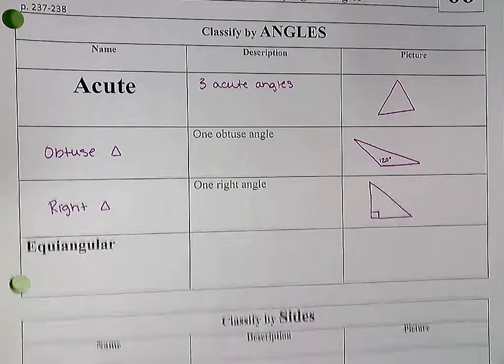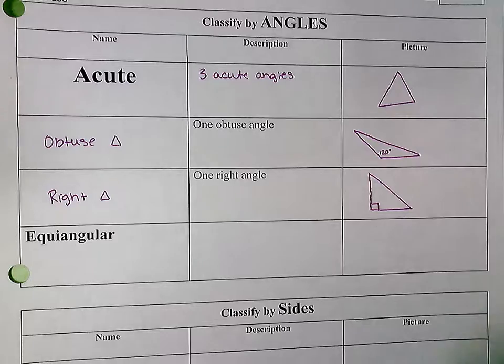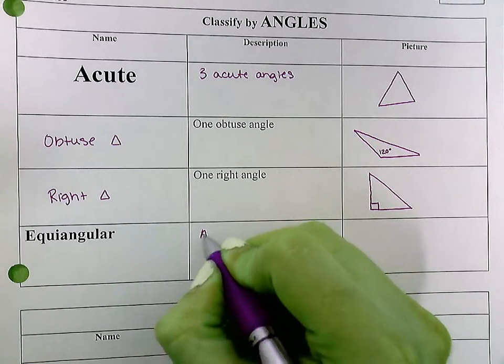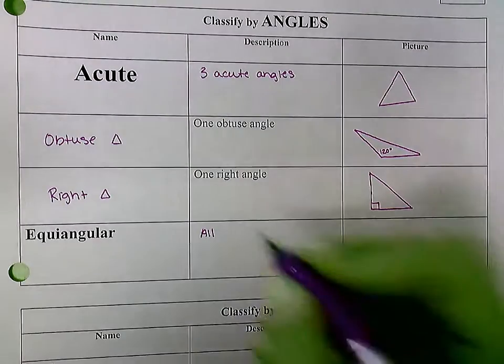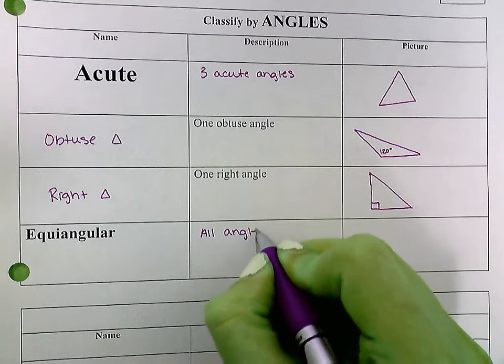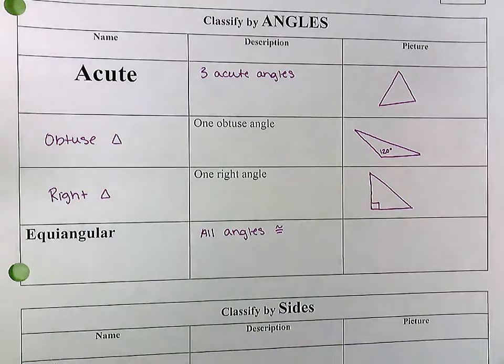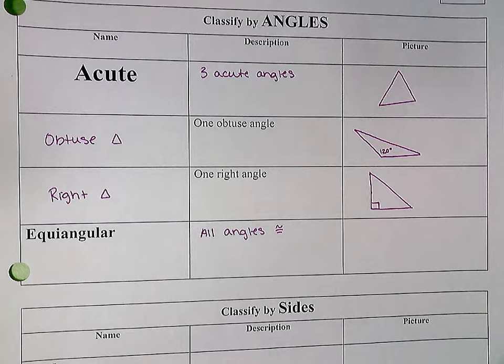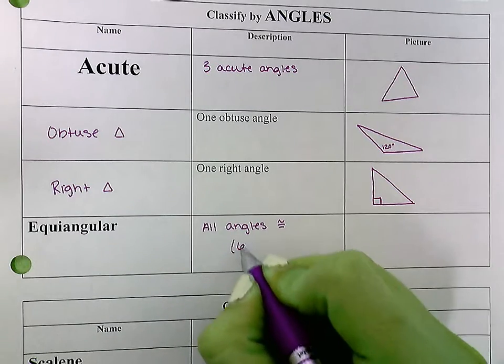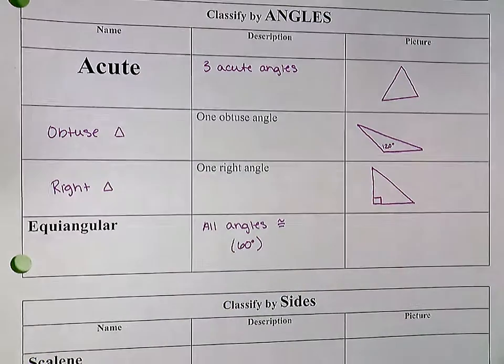The last one is equiangular. Okay, for that one, all of your angles are congruent, meaning all 3 have to be 60 degrees.